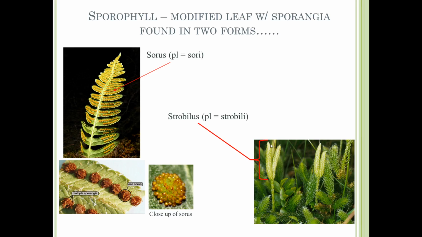Okay, so sporophyll is a modified leaf that has sporangia on it somehow, some way, either by making sori here or by making a strobilus there. Okay, I'll come back and we'll highlight those as we go through the different life cycles of the plants so that we're sure to understand what we're talking about here.